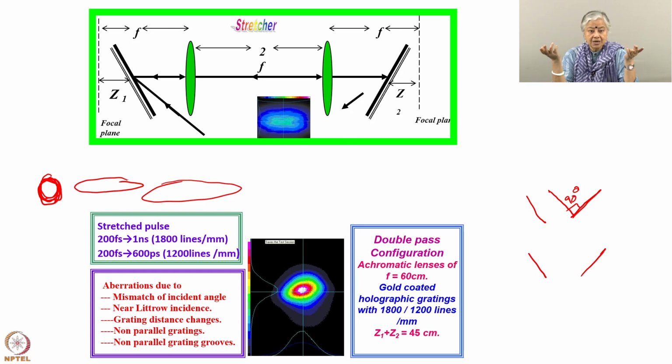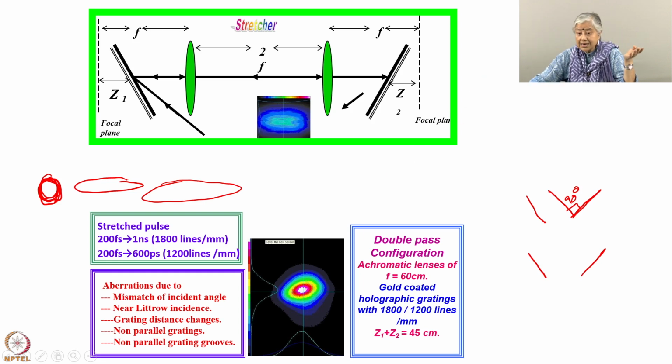One is to get a higher dispersion, double the dispersion, and the other is that you want the spectral walk-off to disappear. Okay. Now, because of that inherent astigmatism that is brought about by this grating pair, you can't get an exact circular beam, but you get a near circular beam.